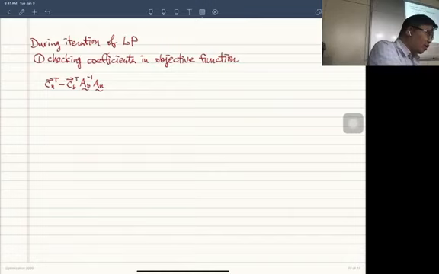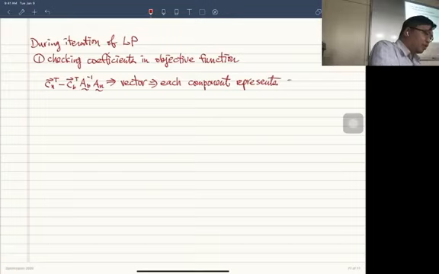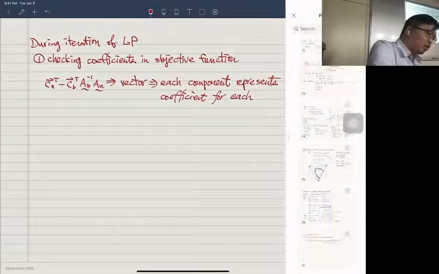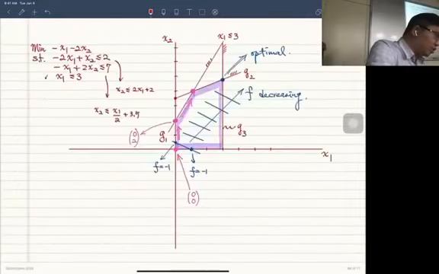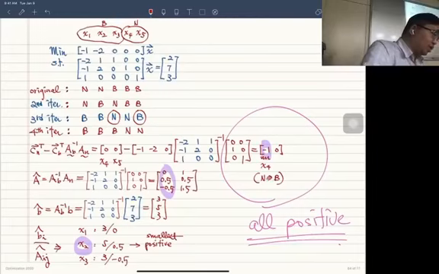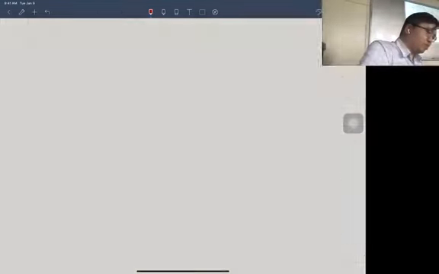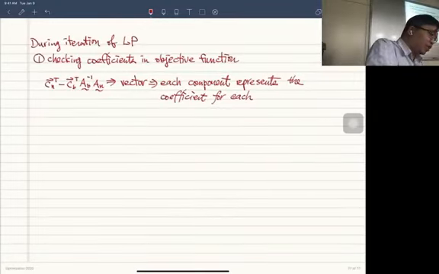Okay, and what you will get is a vector, and inside this vector, each component represents the coefficient for each non-basic variable.